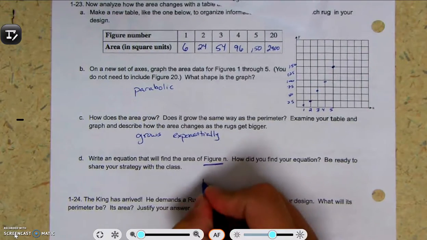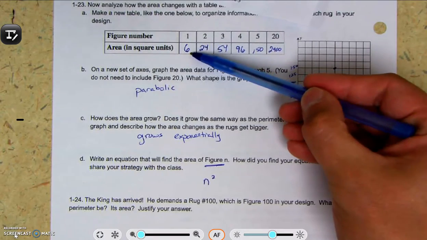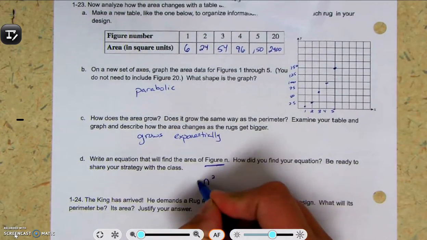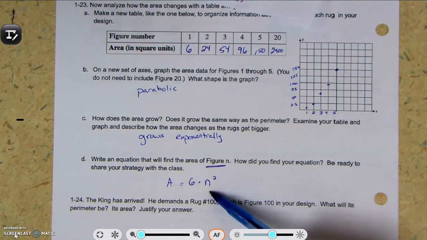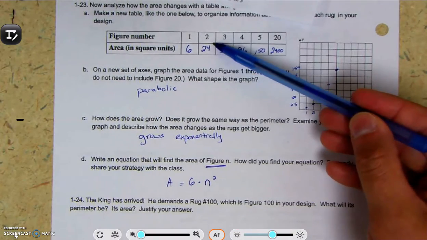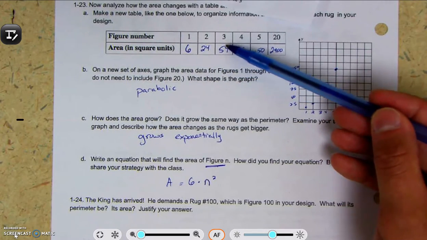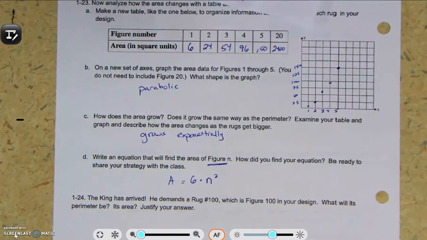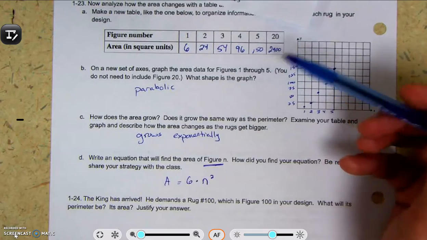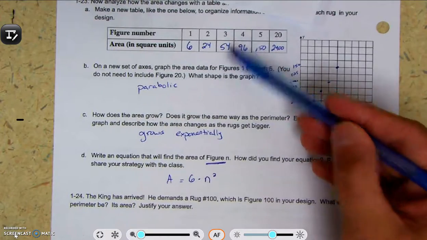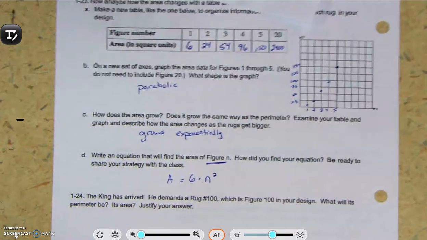So if we square n, n squared, 1 squared is 1, and I need it to end up with 6. So I'm going to just multiply this by 6, and we'll see if that works for the rest of them. If I do 2 squared is 4, times 6 gives me the 24, so it definitely works. 3 squared is 9, times 6 is 54, 4 squared is 16, times 6 is 96.